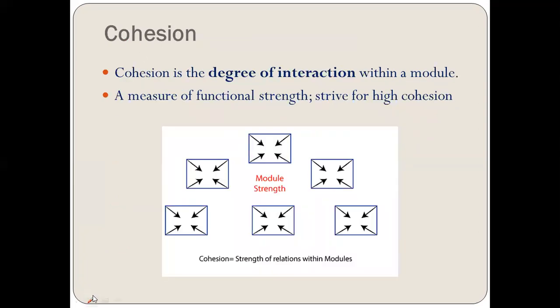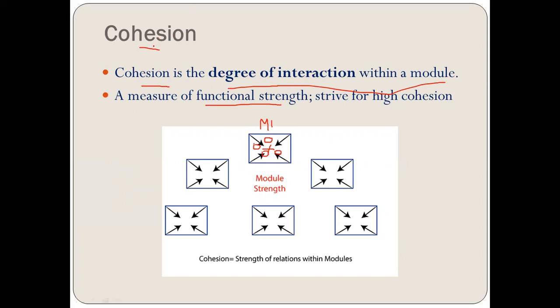First of all, cohesion. What is cohesion? Cohesion is the degree of interaction within a module. Here we are talking about a single module. If I'm talking about M1, then the degree of interaction among the components and elements within this particular module is defined as cohesion. It is a measure of functional strength of the module.